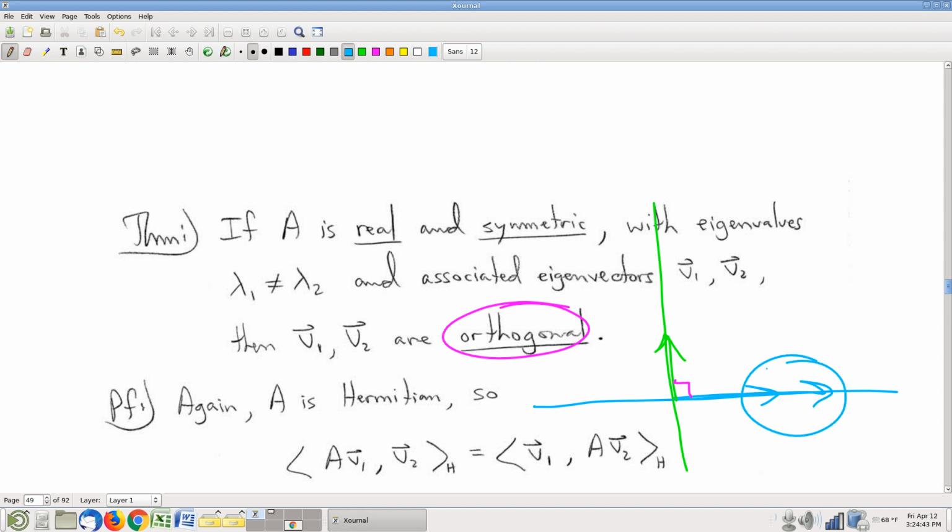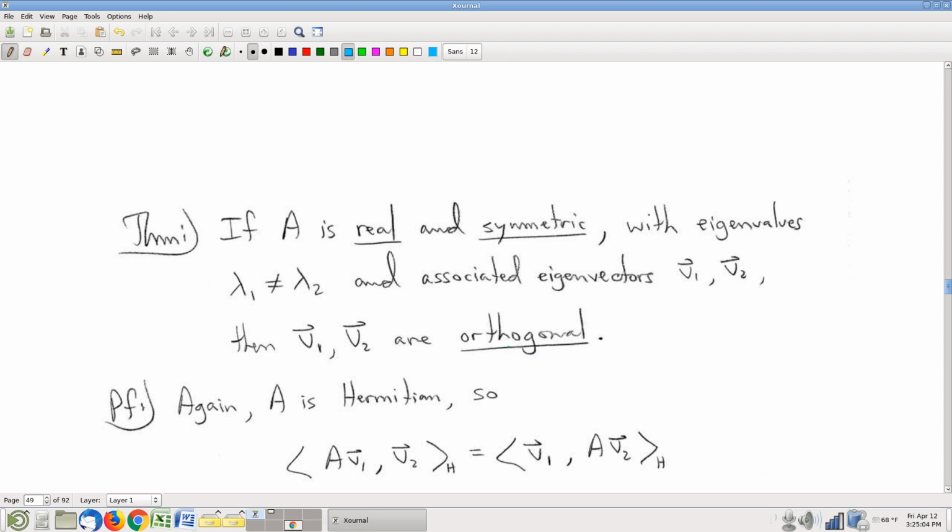Well, of course not. Right? So obviously they have to be from different eigenvalues. But since that is so obviously not what we're talking about, loosely speaking, it would be reasonable to say that real symmetric matrices have orthogonal eigenvectors. Interpreted in this obvious way.